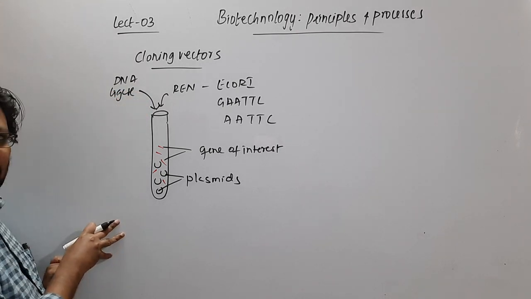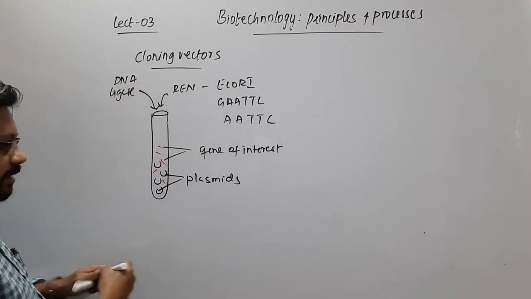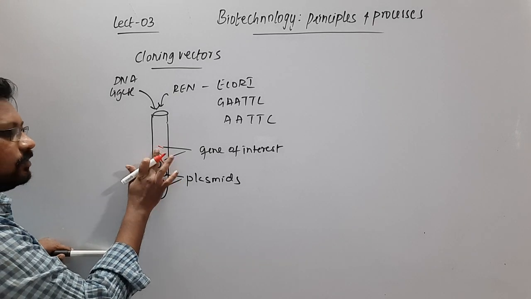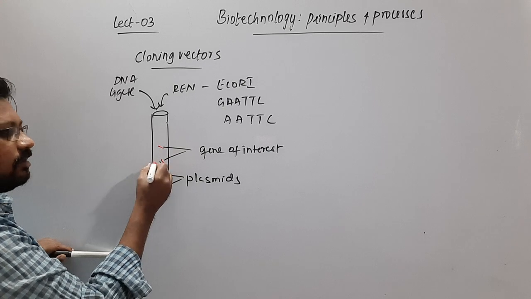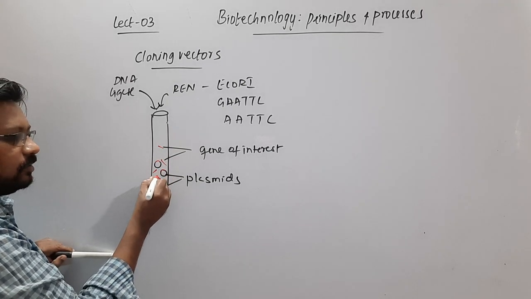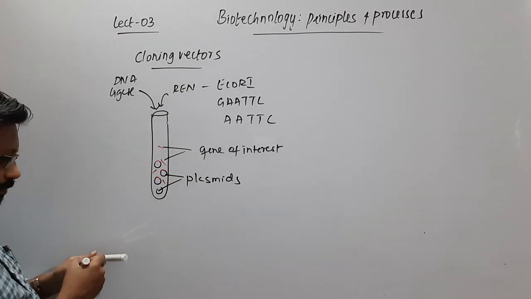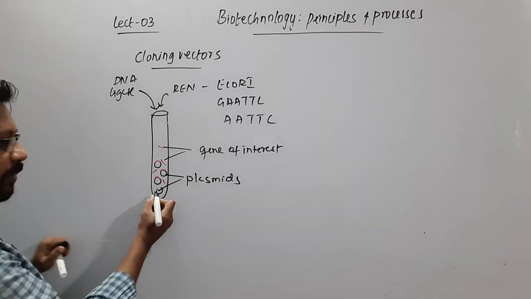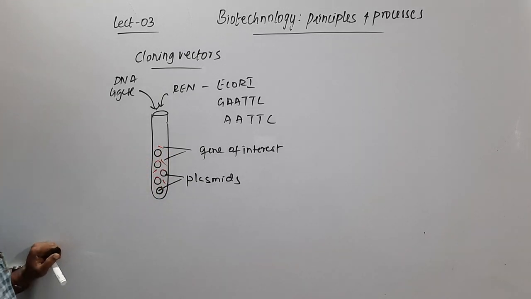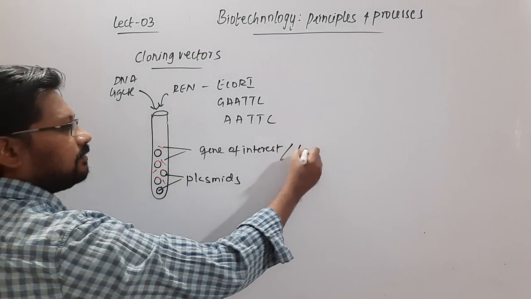When I use this DNA ligase enzyme, it will help in taking up this gene of interest, and some of them will get ligated to those plasmids. But some plasmids simply open and then close without taking the foreign DNA or the gene of interest.